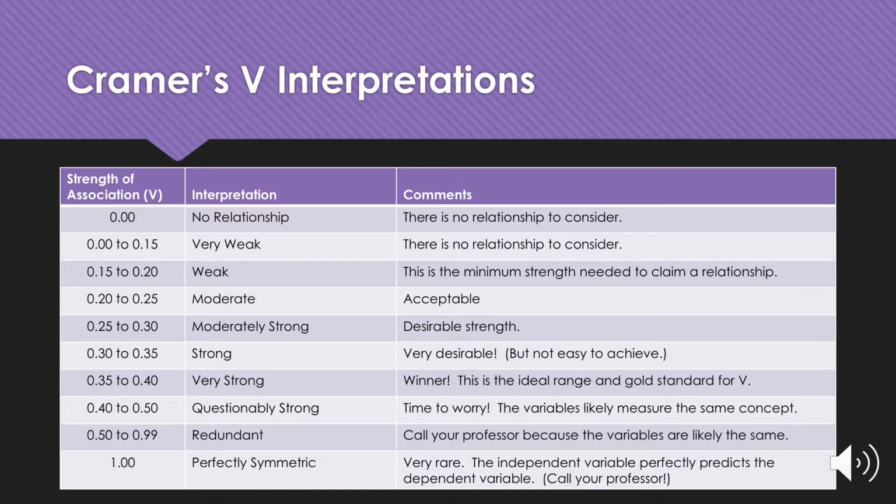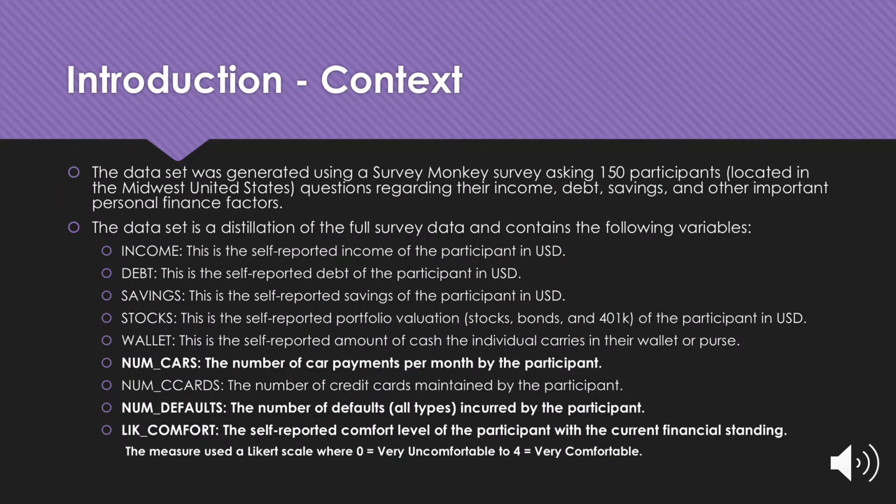To set the context, the dataset was generated using a SurveyMonkey survey asking 150 participants questions regarding their income, debt, savings, and other important personal finance information. The dataset is a distillation of a full survey data and it contains the following variables: income, debt, savings, stocks, wallet, NAM cars, NAM credit cards, NAM defaults, life comfort.